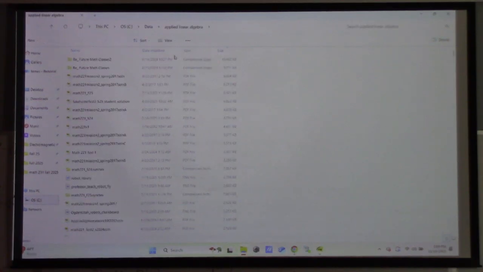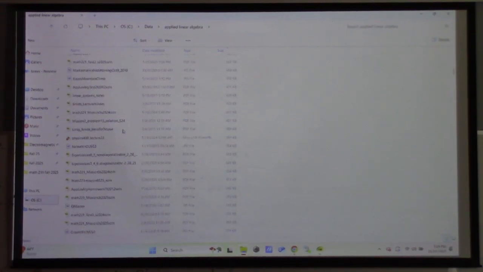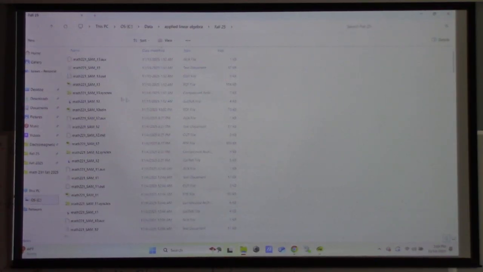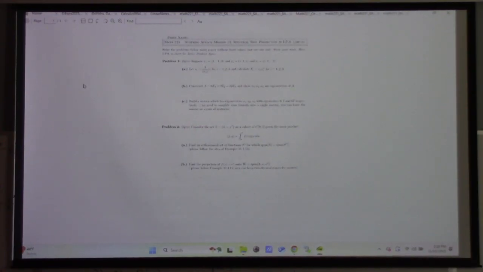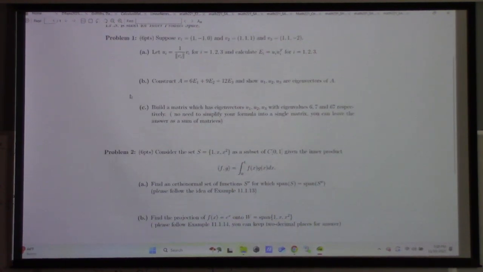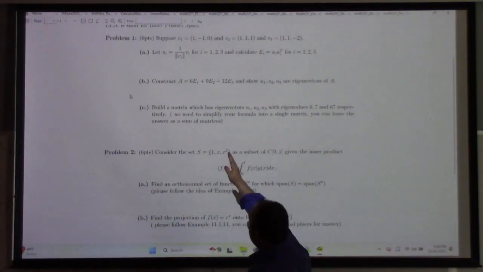Let's see here. Okay, there we go. So this one, problem 1 is just like what we were doing at the start of class, except instead of 2 vectors, I have 3, right?